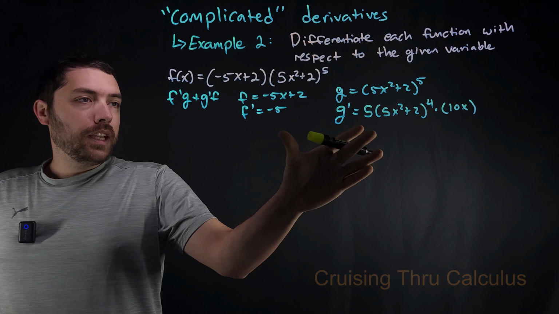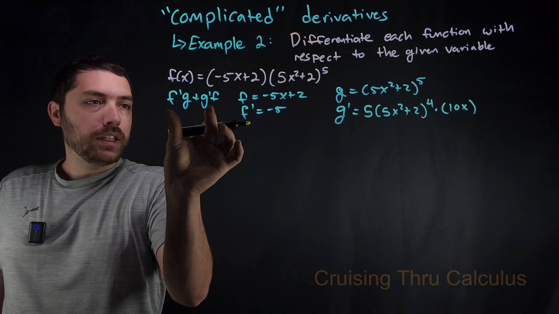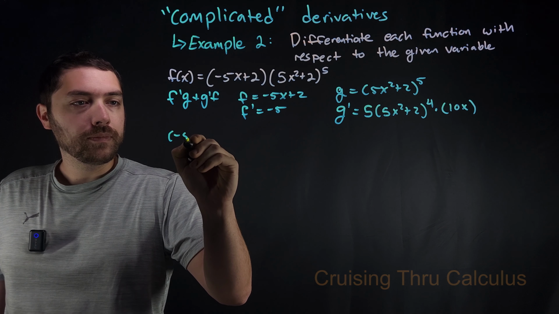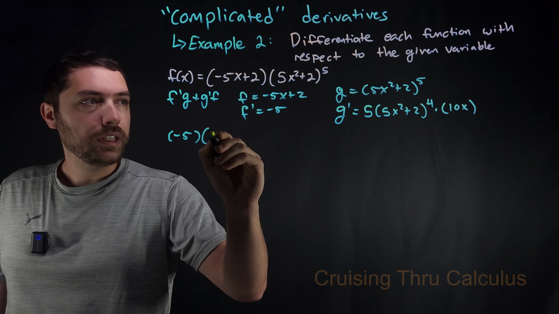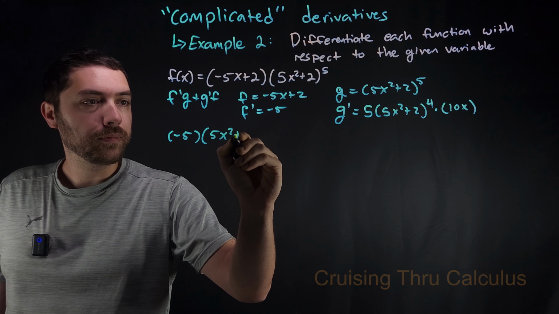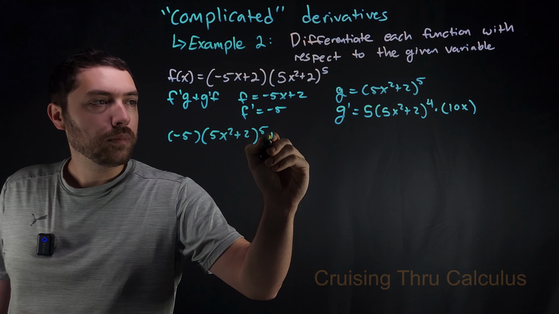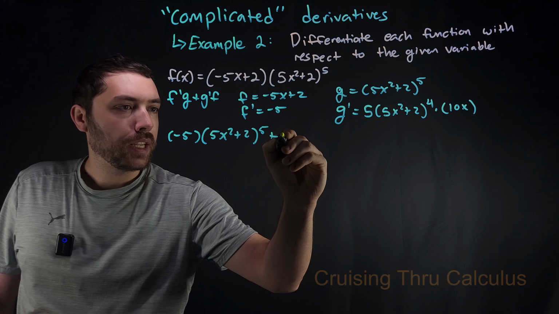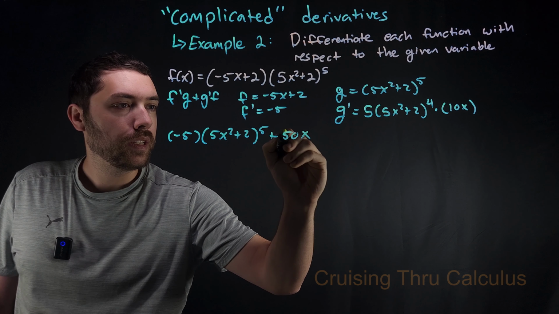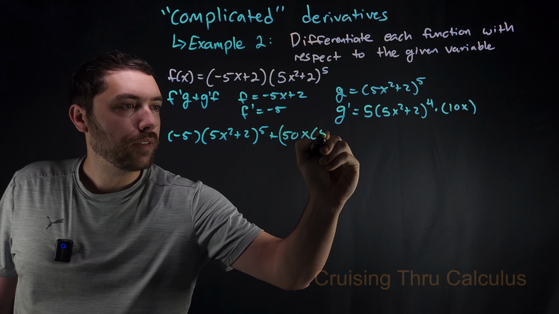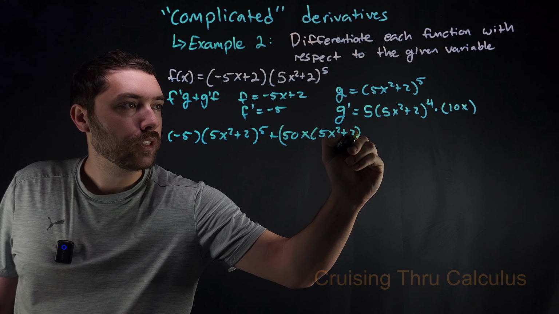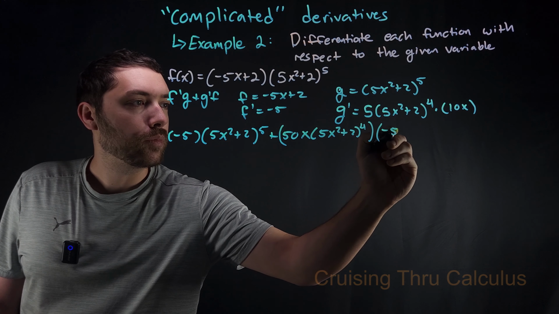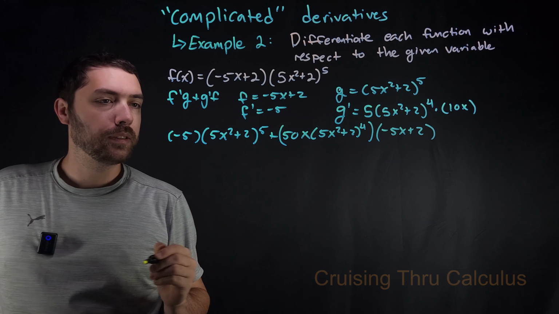All right, let's start putting these into the formula. So our f prime is negative 5. Our g is the top right piece there, plus g prime. Now when I multiply this out, I'm going to do 5 times 10x to give me 50x, and then the 5x squared plus 2 to the fourth will still be there, times f, which is negative 5x plus 2, like that.